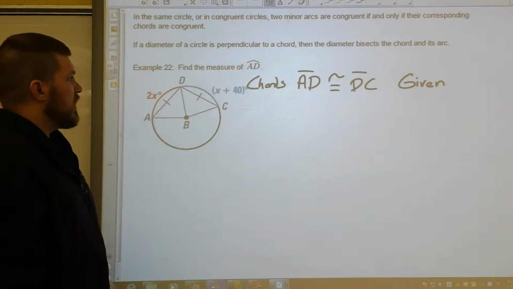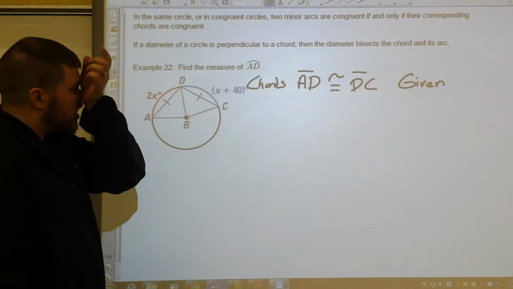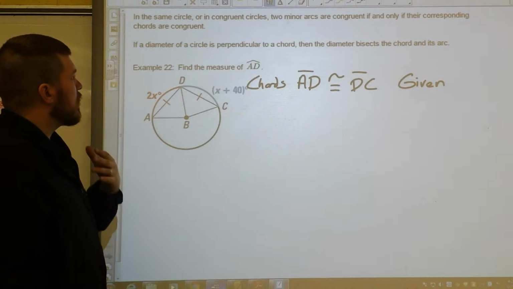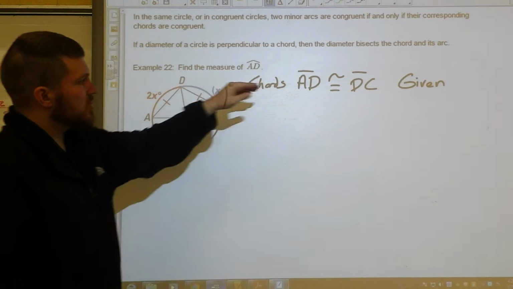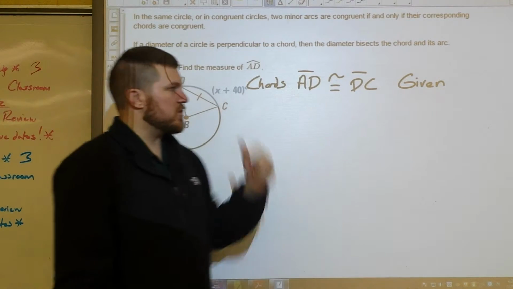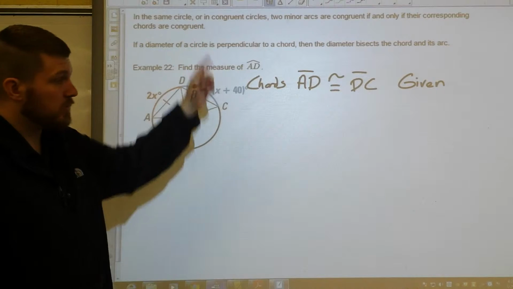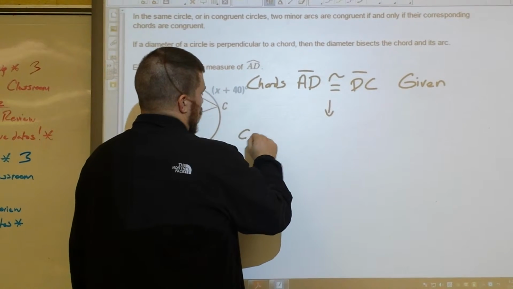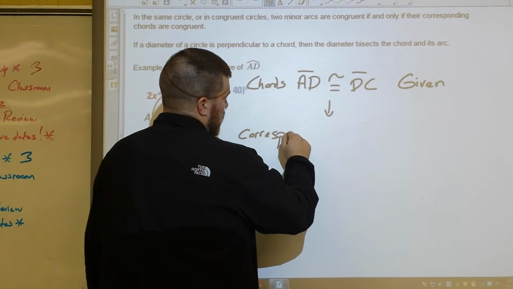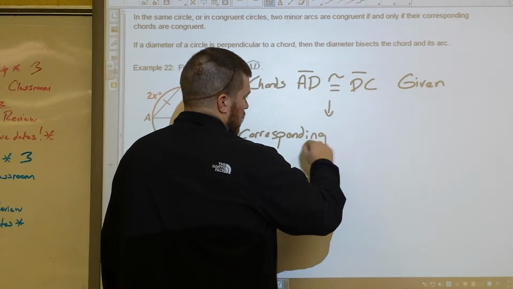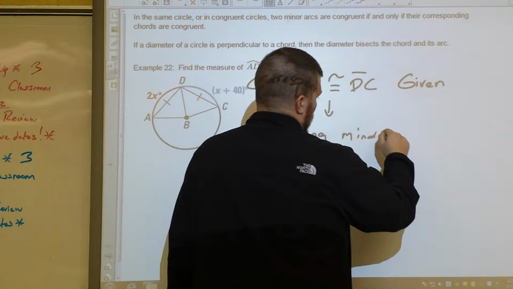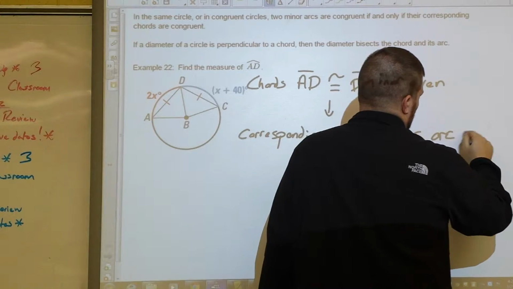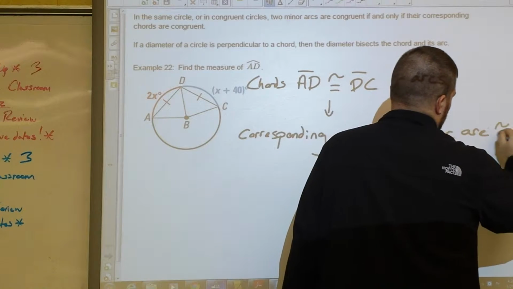Okay? Now, in my rule that I just said, two minor arcs are congruent if and only if their corresponding chords are congruent. So since my chords are congruent, that's what was given to me in the picture, that means, based on my rule, that the corresponding minor arcs are congruent.